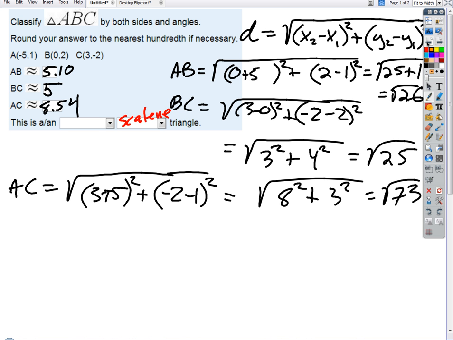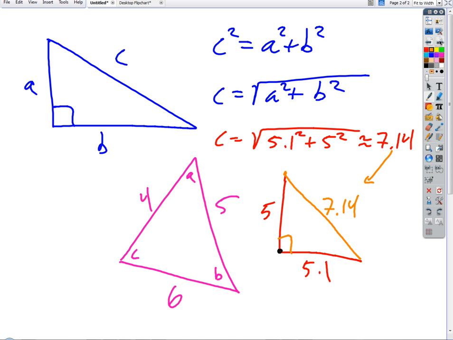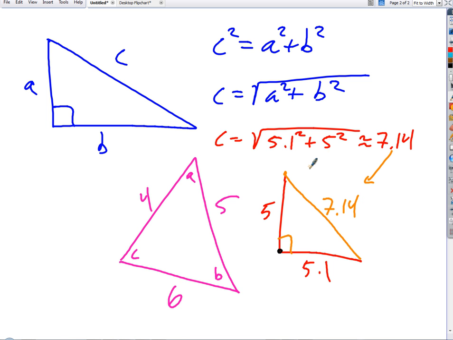Now, what if the hypotenuse that we had calculated for these two legs was exactly 8.54? Then it would have been a right triangle. What if we had calculated a length that was bigger than what we actually had? Let's say we calculated it to be 10.1, and what we actually had was 8.54.